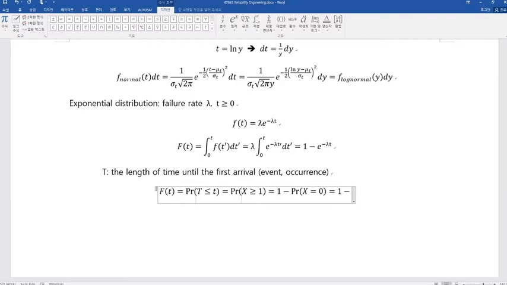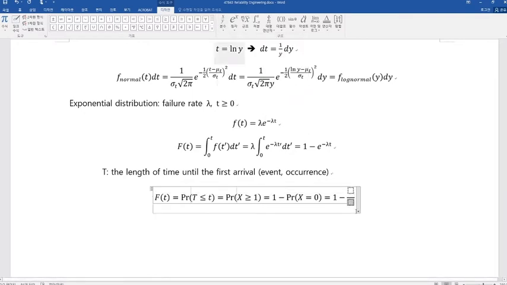So this would be 1 minus... I wonder how many of you remember the Poisson distribution. In the denominator, the equation was k factorial, where k indicates the number of events occurred.